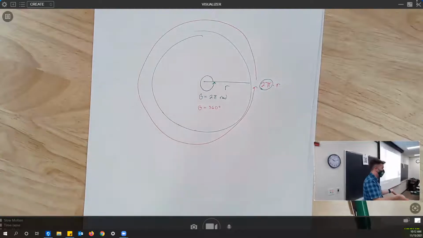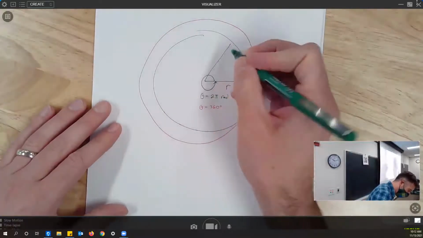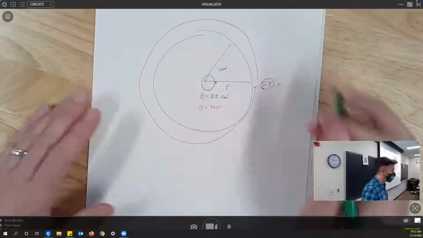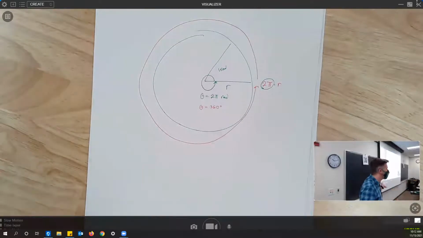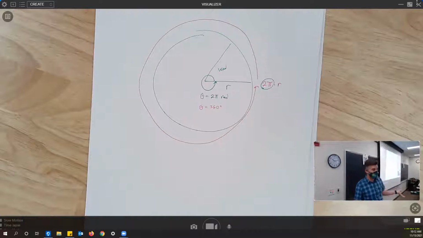It's an angle measure, and specifically, 1 radian looks about like that. That's about 1 radian. It's close to 60 degrees. But the more helpful piece of information is that 1 full revolution, because the circumference is 2 pi radii, the angle is 2 pi radians. And 2 pi, I know, is not a lovely number. It's approximately 6.28.